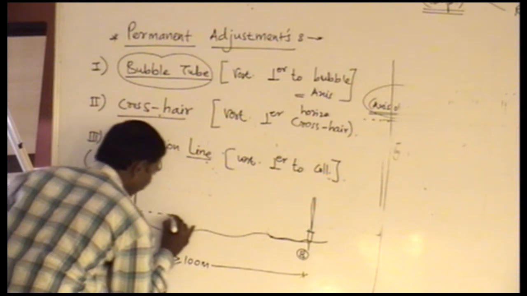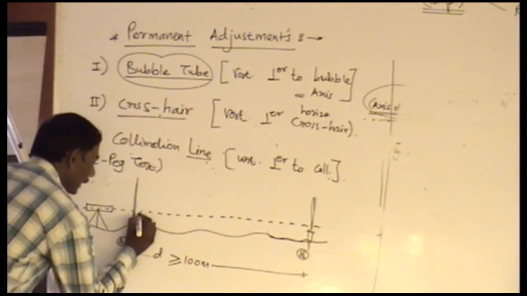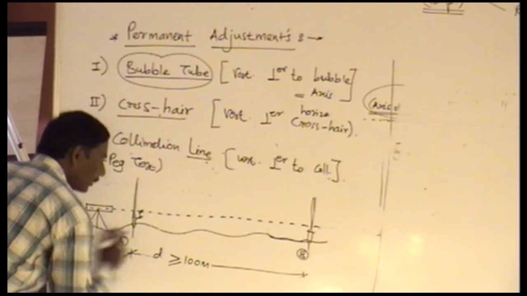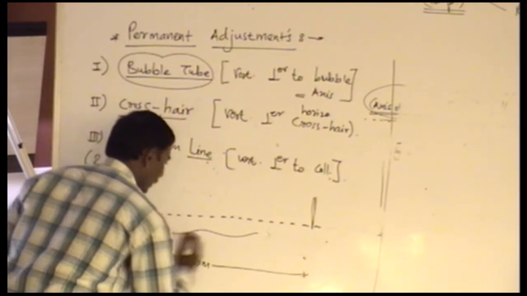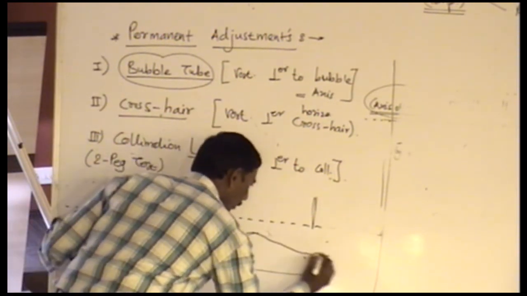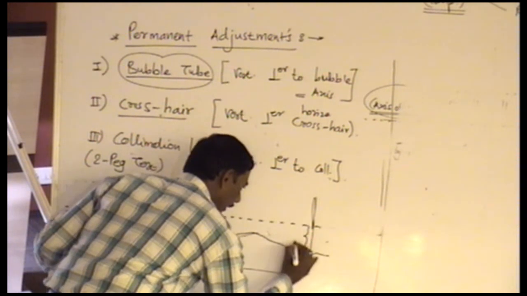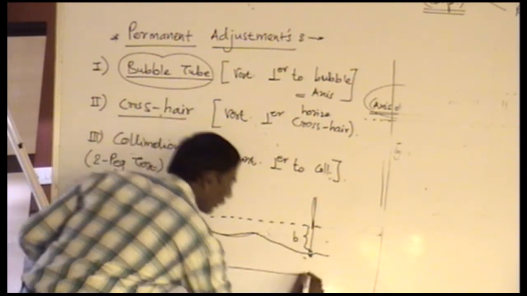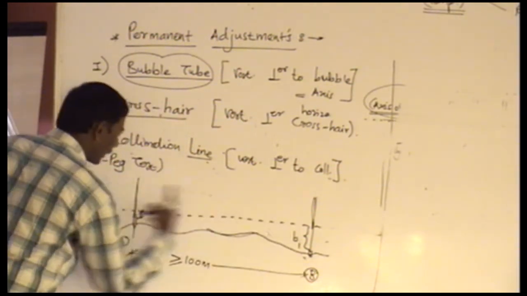Because of that, my line of sight will go horizontal, and whatever readings I observe, let us say B is a little bit down, so the peg is lower here and you will have the higher staff reading. This is the staff reading on B position, but from the first setup. So let us say it is B1 reading.